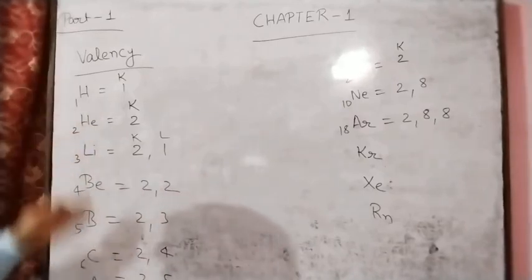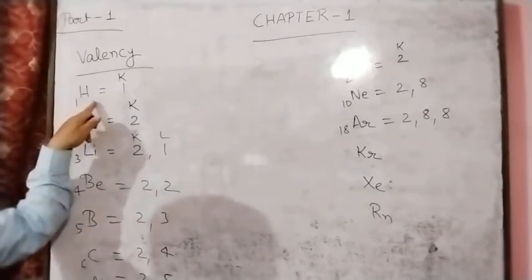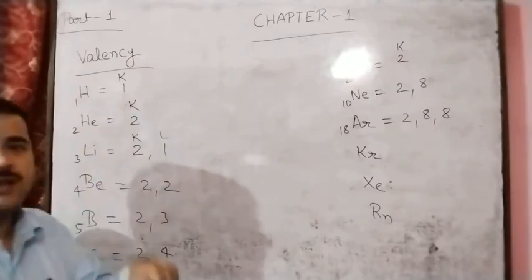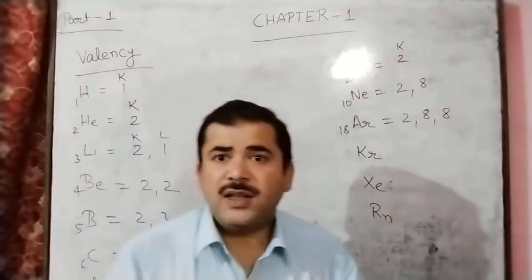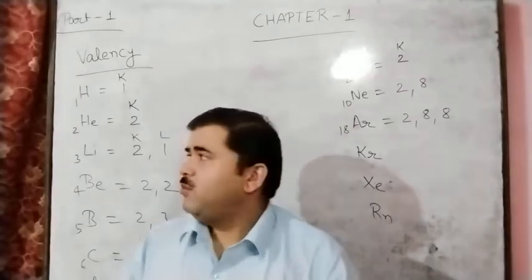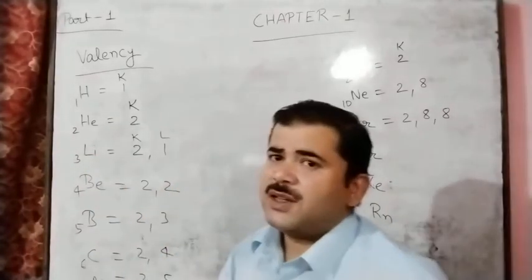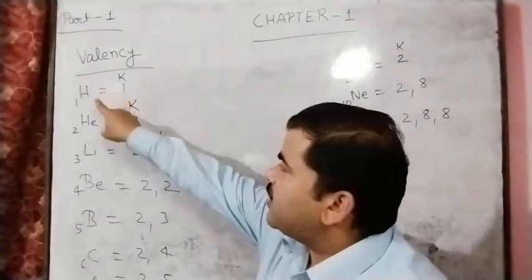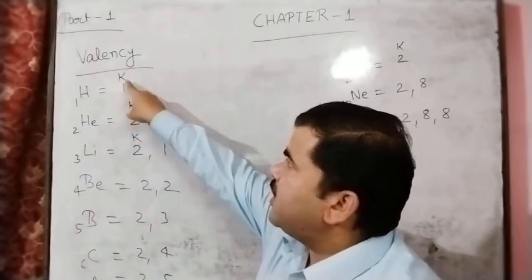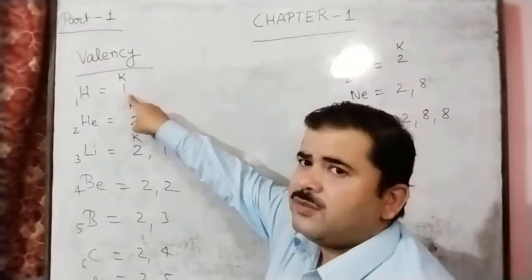If we see these elements, hydrogen has 1 electron in the K shell, and this is unstable because only a few elements are stable. So in the electronic configuration of hydrogen, only 1 electron is present in the K shell.